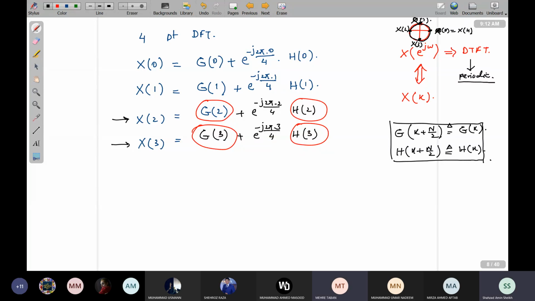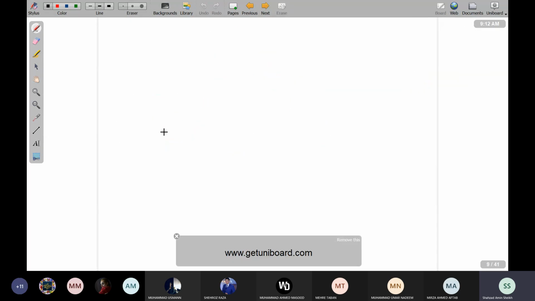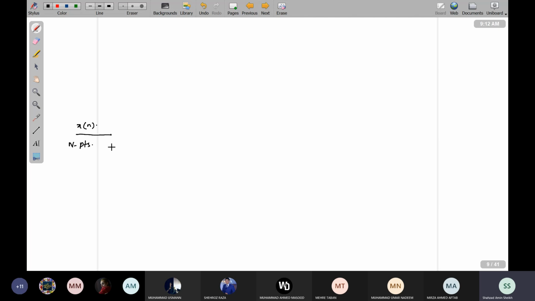नो सर, समझ आ गई है। चलो ग्रेट, ओके, so let's move ahead. Suppose इसको हम दोबारा से पिक्टोरियली देखते हैं कि suppose मेरे पास x of n है, I have n points, suppose 16 points x of n है.